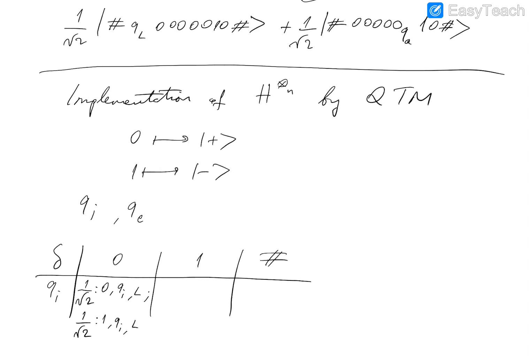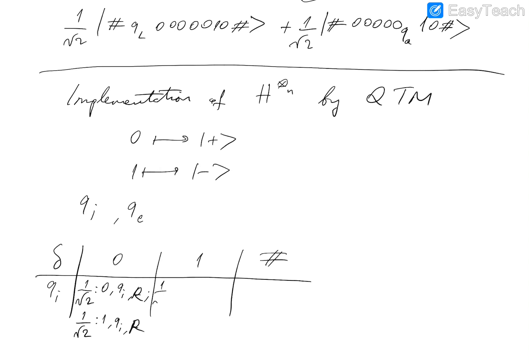Okay, so we're starting from the leftmost symbol. So this should be R. Right, we're going to the right, since we're starting from the leftmost symbol. And whenever we read the symbol 1, we should do the exact same thing, except that we need to change the sign of the relative phase.